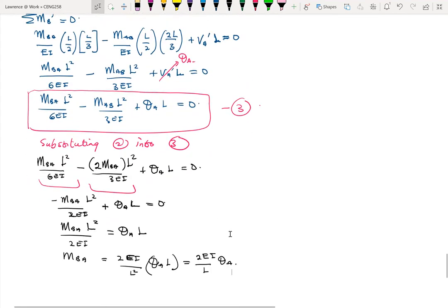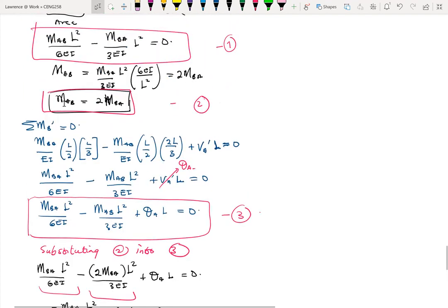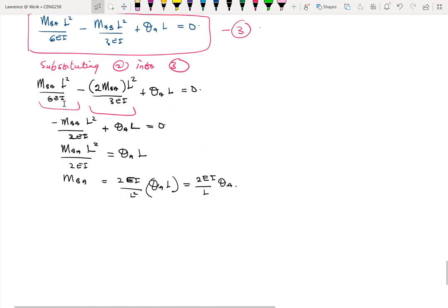I can put our answer back into equation 2 and find MAB. So our MAB will be equal to 2 times 2EI over L theta, and that will give us 4EI over L theta.